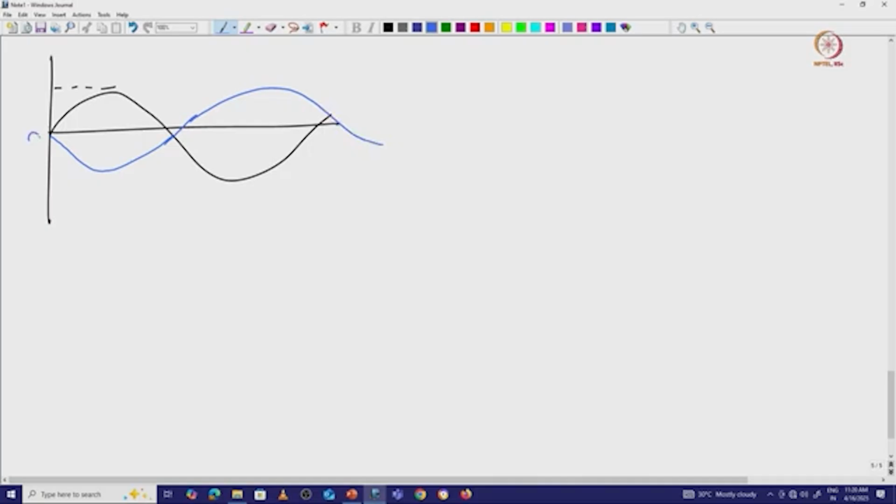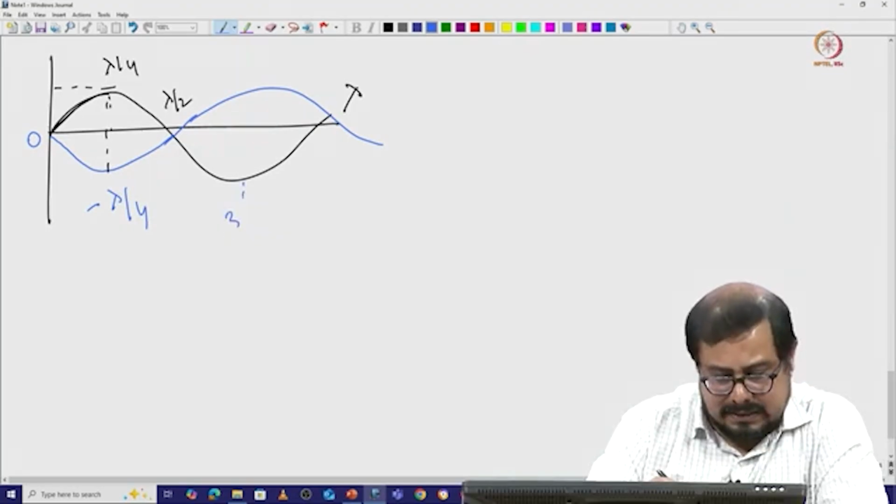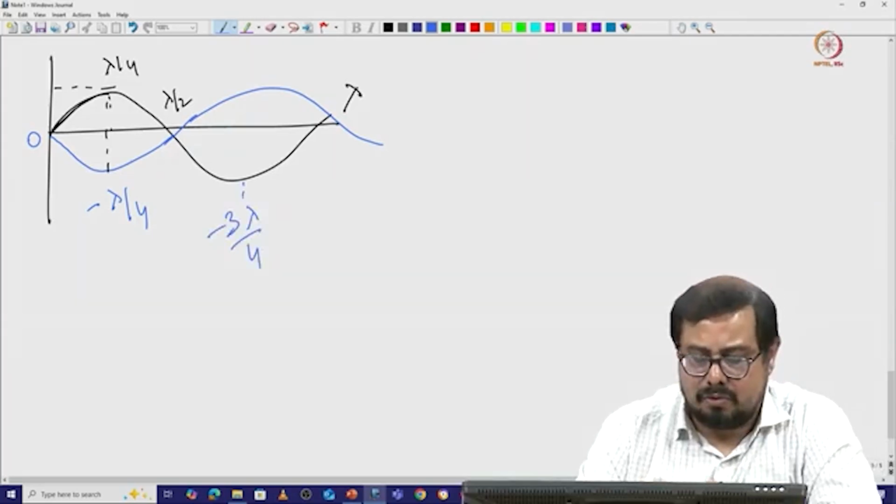You can see the start point is 0 for both waves, but one wave propagates in this direction, starting at 0, then lambda by 4, then lambda by 2, then 3 lambda by 4, and then complete lambda. The other is the same thing, but appearing in the negative: minus lambda by 4, and minus 3 lambda by 4.